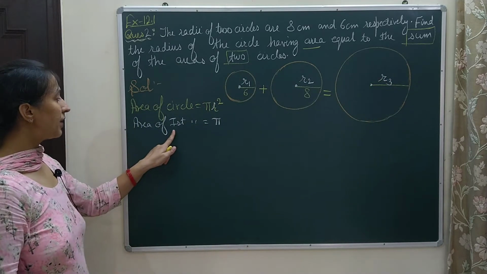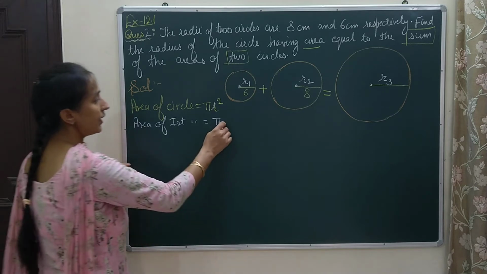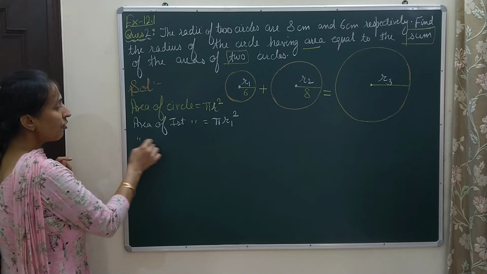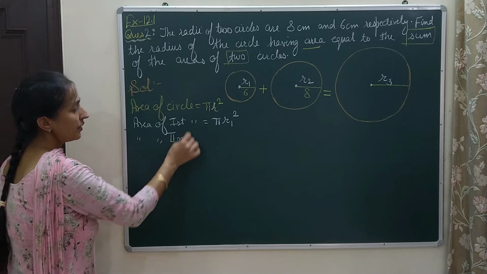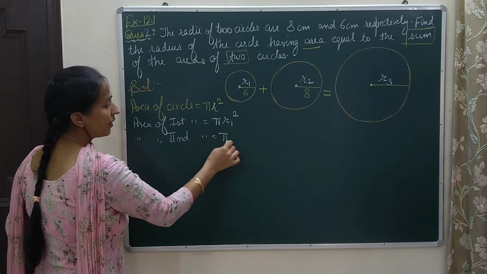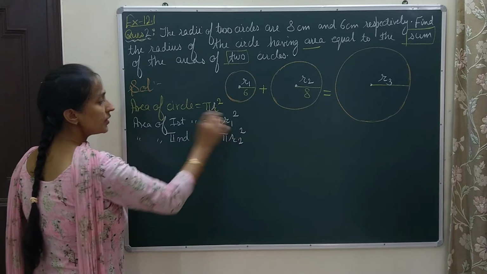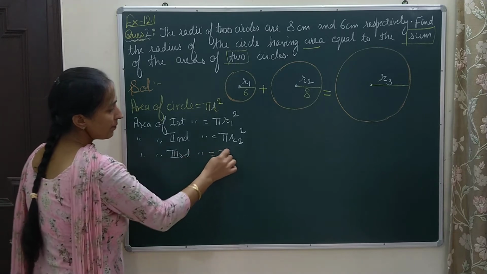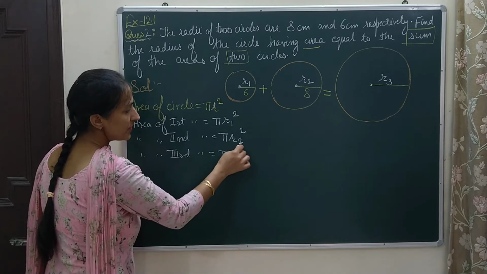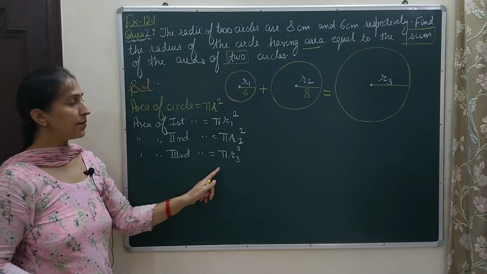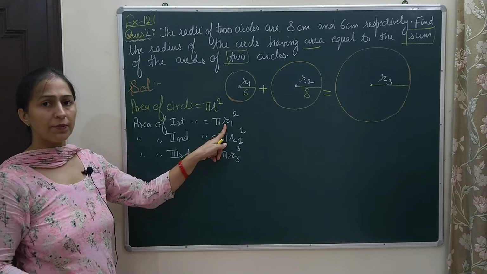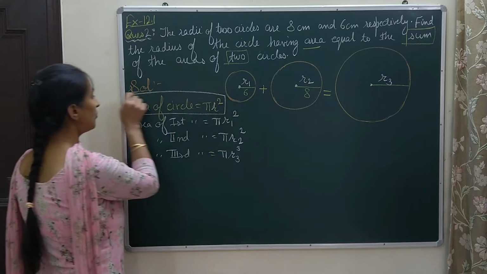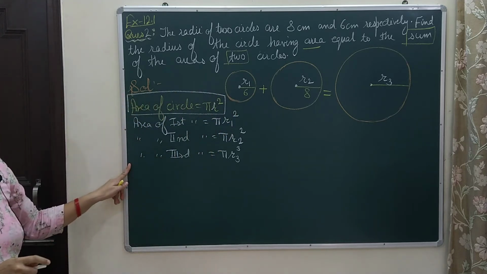That means I can write the area of the first circle as pi r1 square, for the second circle the area will be pi r2 square, and for the third circle it will be pi r3 square. So the formula is the same, but I am replacing r by r1, r2 and r3. Here I have written the formula, and from here my question has started.